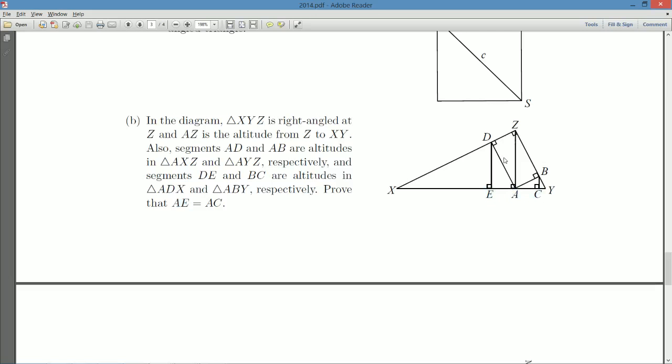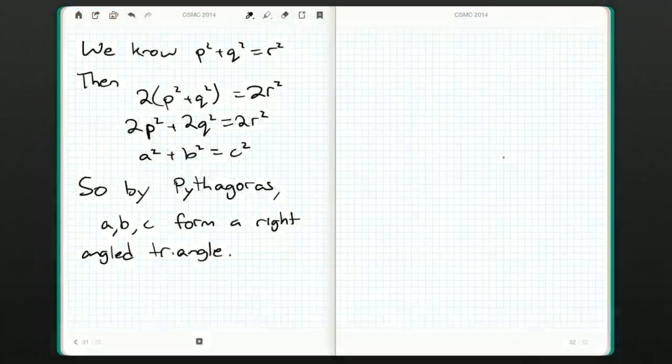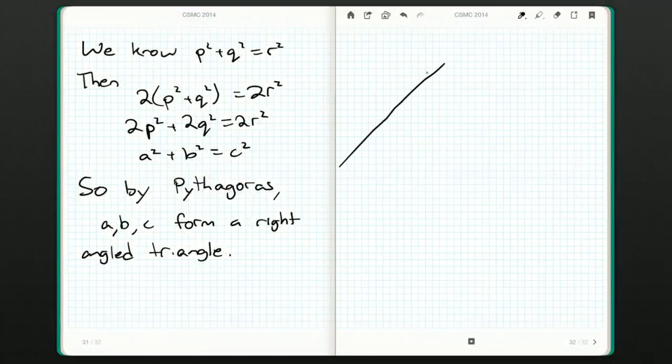Let's see what we've got. It'd be a very good idea to draw a very big copy of our picture, because I have a feeling we're probably going to do a little bit of diagram chasing. There might be some trig, there might be some angles.